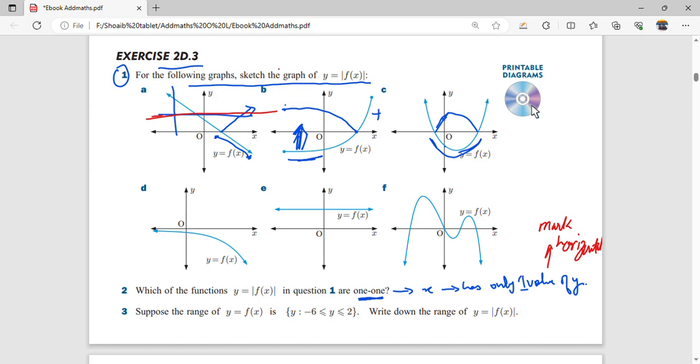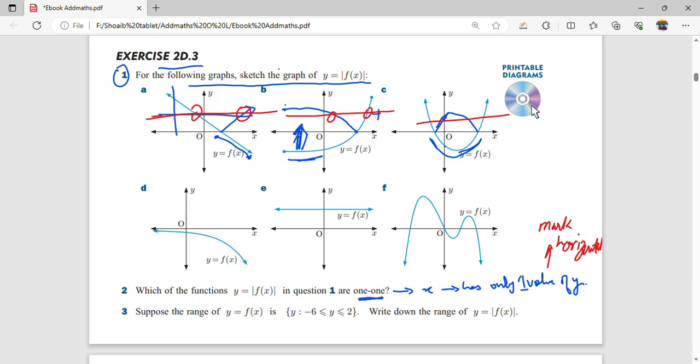When it is modulus of f(x), we have a y value here and a y value here, so it is not a one-to-one function. For this we have y with two values. For this y has different values. So A, B, C is not a one-to-one function.